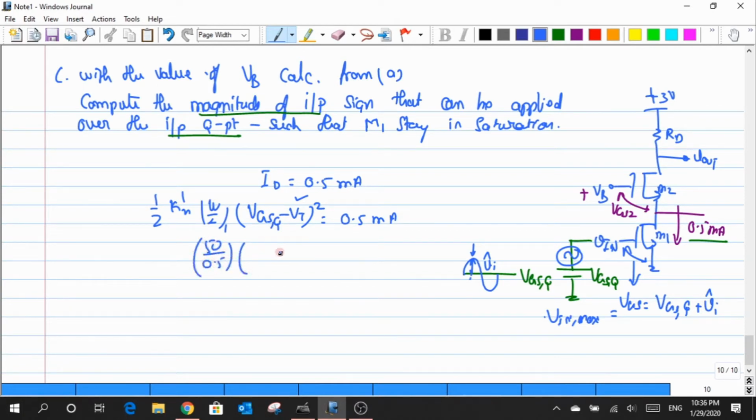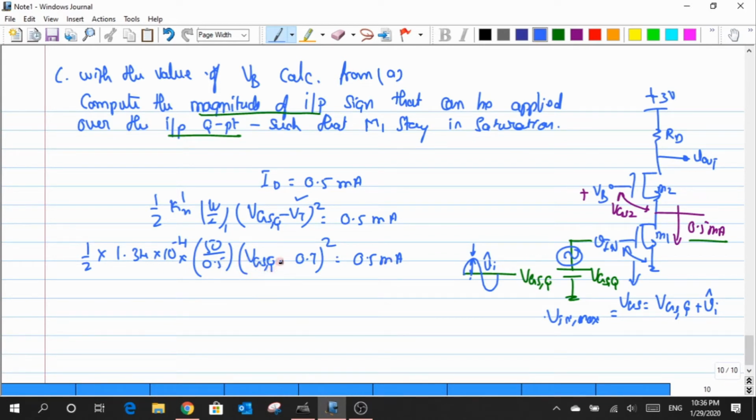The threshold value of the device is 0.7, and I know that K dash is 1.34 times 10 to the power minus 4. So I've got almost all the values that are required. The only unknown is VGSQ, which, when I plug in and do some simple math, I can get.